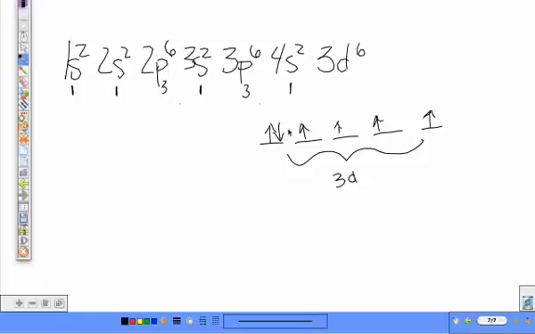So how many orbitals have at least one electron in it? 5. So all 5 of those. So how many total orbitals have at least one electron? 1, 2, 5, 6, 9, 10, 15. Yep.